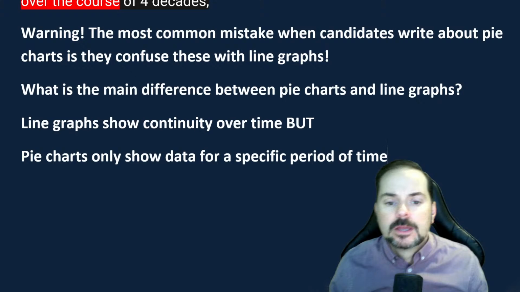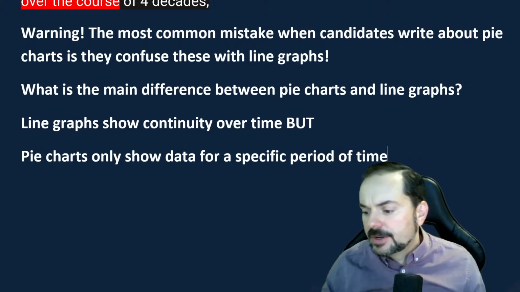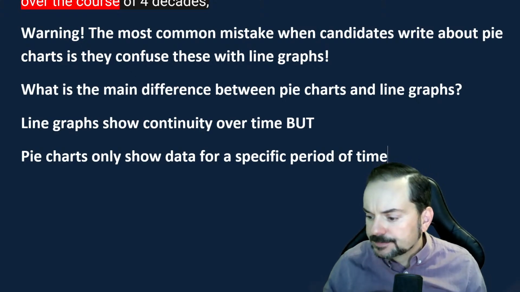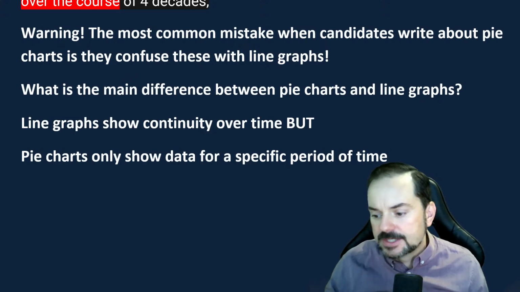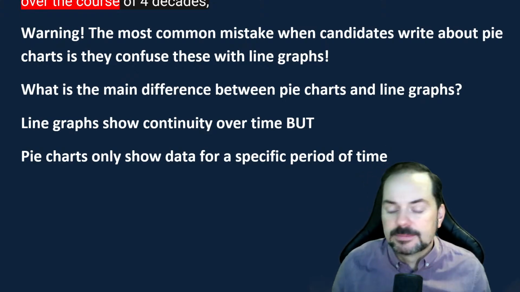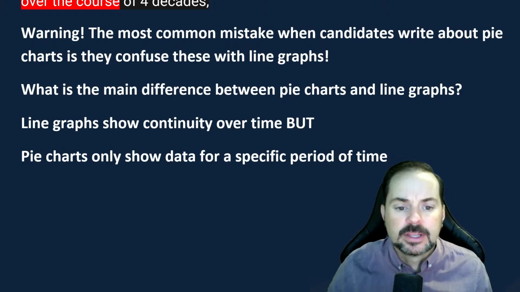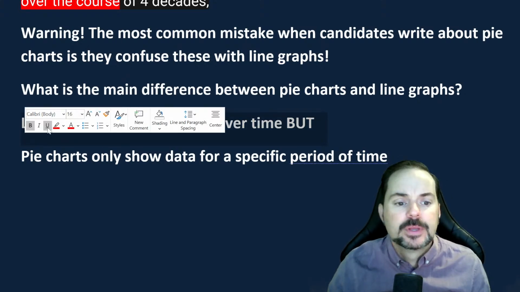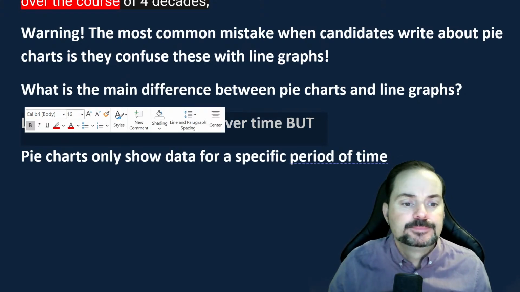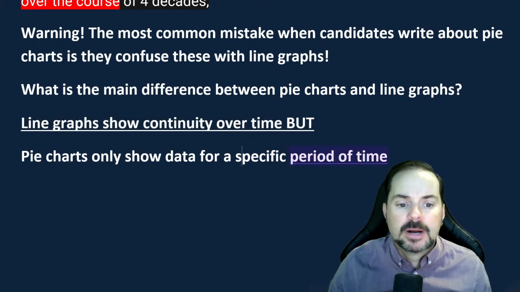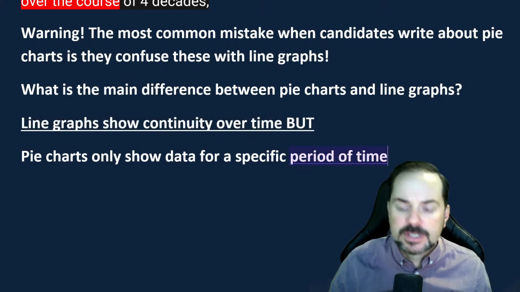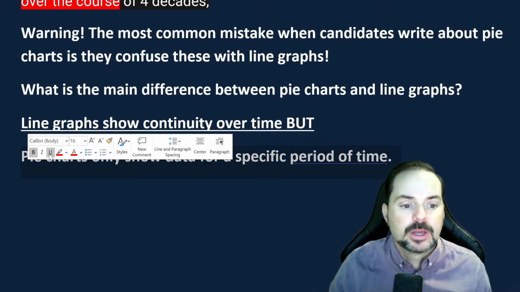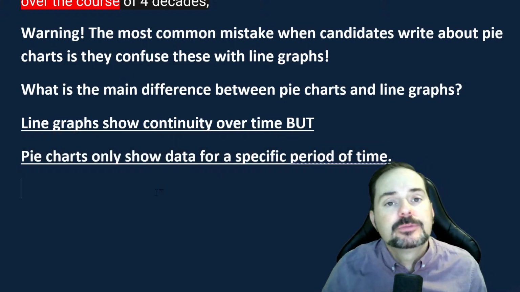Okay, so it's very, very different. Yeah, exactly. Nancy got it. So Nancy put it up there at the same time that I did. Nancy said line graphs show continuity over time, but pie charts only show data for a specific period or point in time, right? Okay. So you have to remember that difference.